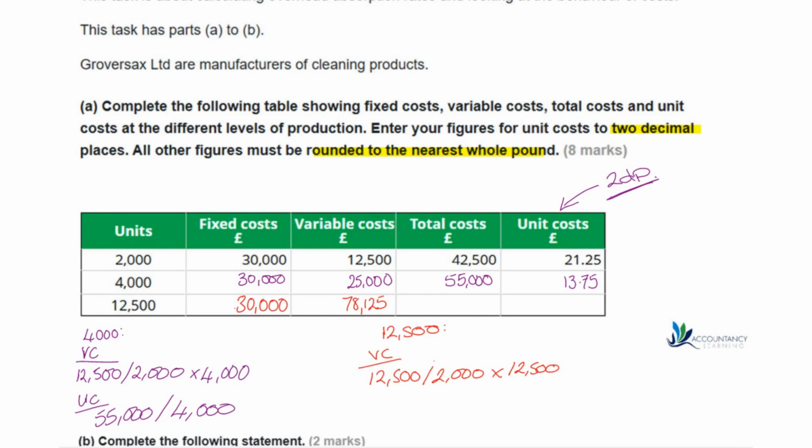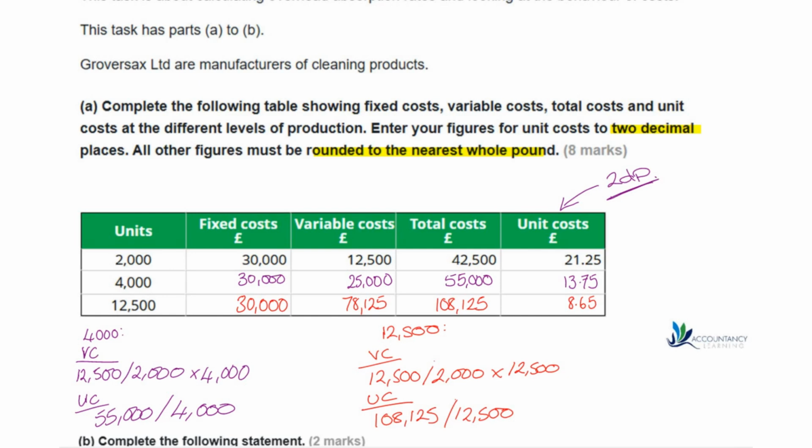And again, we add our variable and our fixed together to get our total cost. 108,125. So then our unit cost, we've got our total here of 108,125, and we'll divide that by our 12,500 units that we've made or are going to make to give us an £8.65 per unit cost to 2 decimal places.